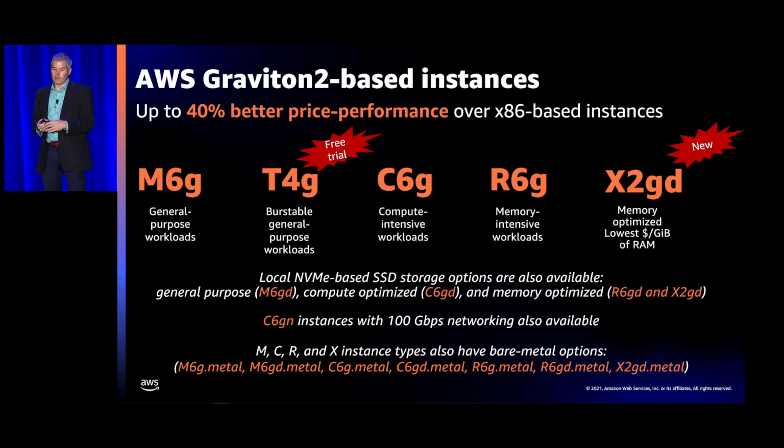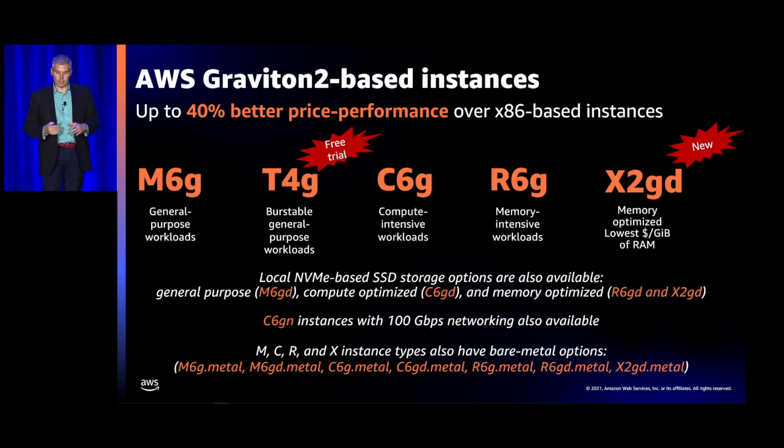Today, the Graviton instances are not only in the compute, storage, or memory-optimized instance families, but we now also offer burstable and memory types. So you can see here, M is our general-purpose workloads. The burstable ones are the T4G. And then we have our C6, which is the compute, R, our memory-optimized, and then memory-intensive. And then the X2 is the memory-optimized, the newest instances.